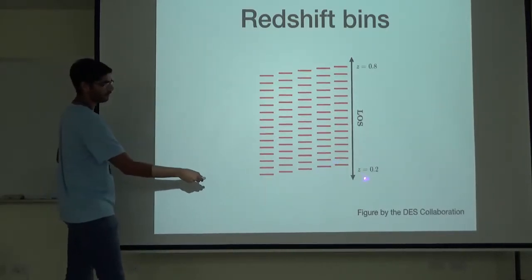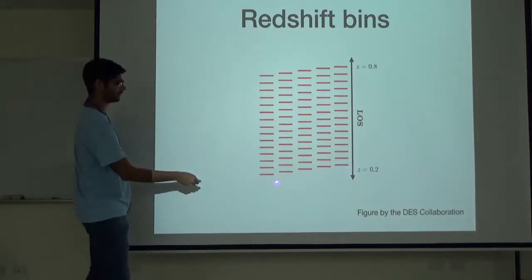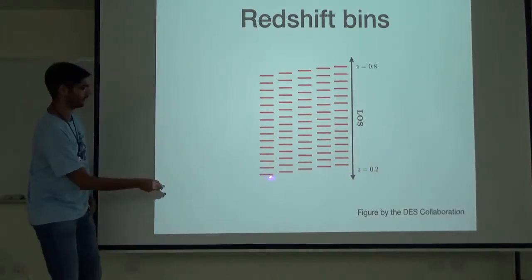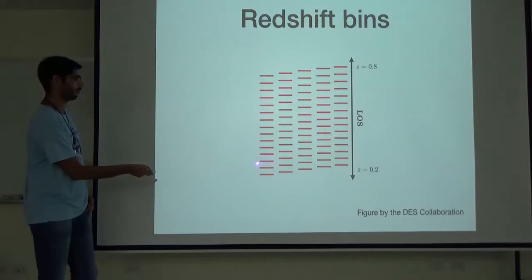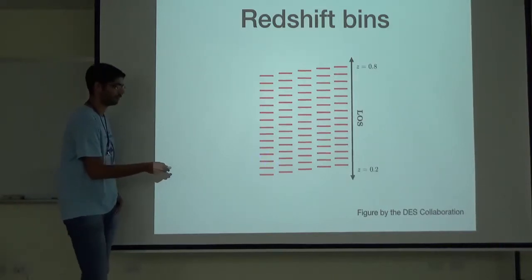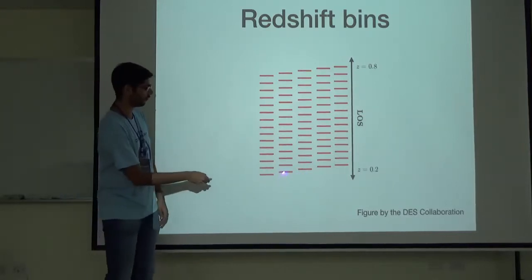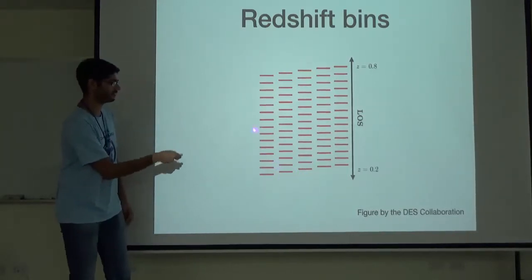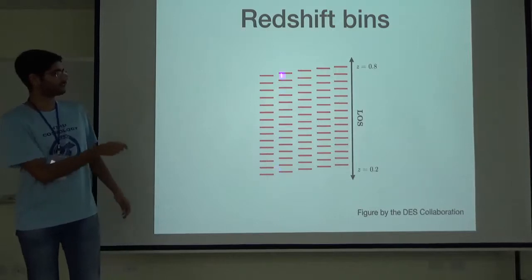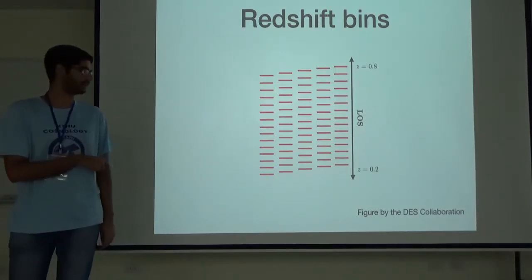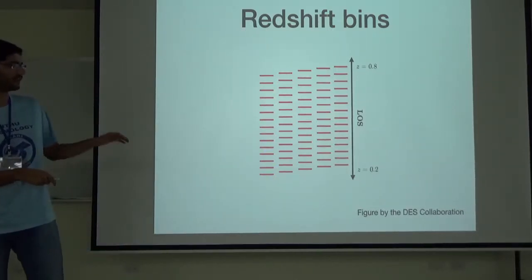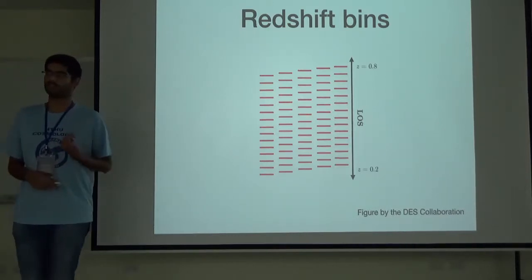Say our redshift bin starts from z equal to 0.2 and extends to 0.4, then 0.4 to 0.6, 0.6 to 0.8. And then we have bins which are at a slight offset, say 0.25 to 0.45 and so on. This way we get a continuous coverage of all the redshifts, and this allows us to mitigate the errors due to the photo-z.